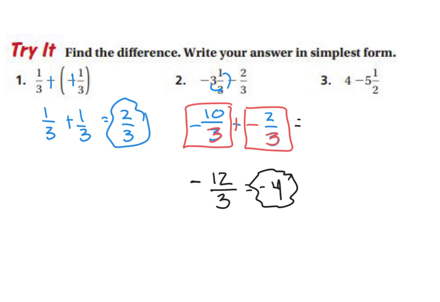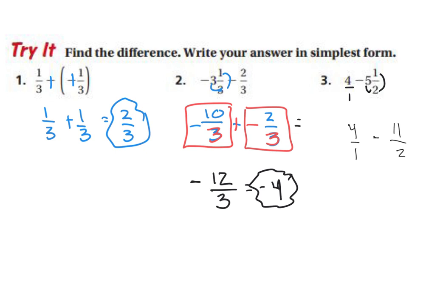And for the last one, we need to start by writing the whole number 4 as a fraction, and we need to convert 5½ into an improper fraction. So 5 times 2 is 10, plus 1 more is 11. So we have 4/1 minus 11/2.